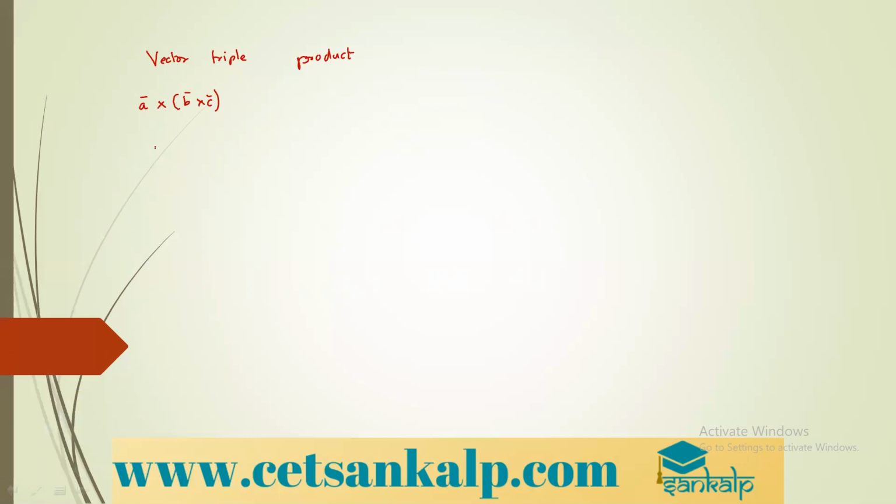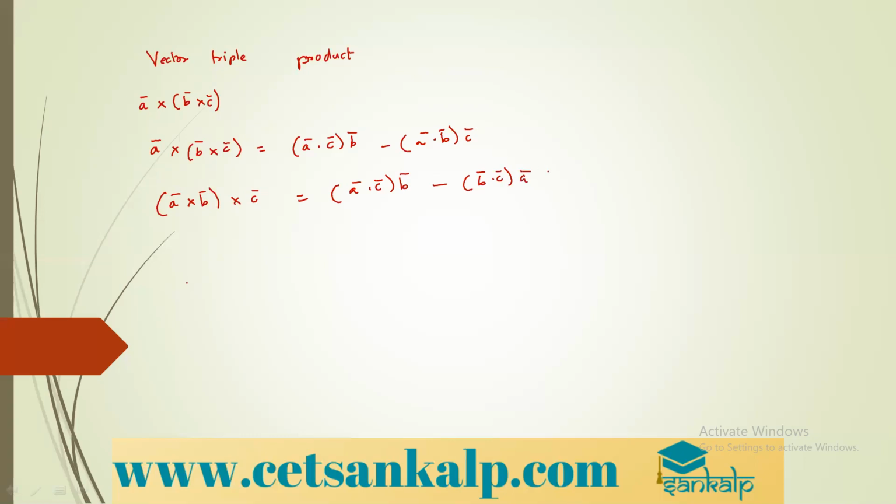So now A cross B cross C you can find by taking A dot C into B minus A dot B into C. Again, A cross B cross C can be found by taking A dot C into B minus B dot C into A. So clearly we can see that A cross B cross C is not equal to A cross B cross C in general.